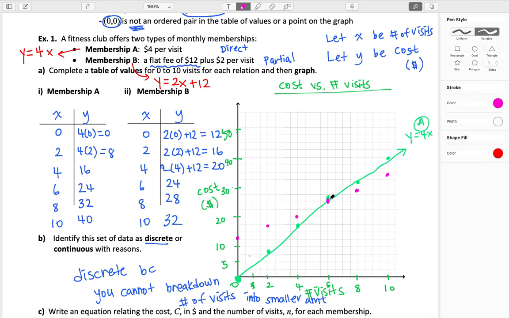Okay, so it looks like we are meeting at a same point here. So please use a ruler. So y is equal to 2x plus 12, and this is membership B.